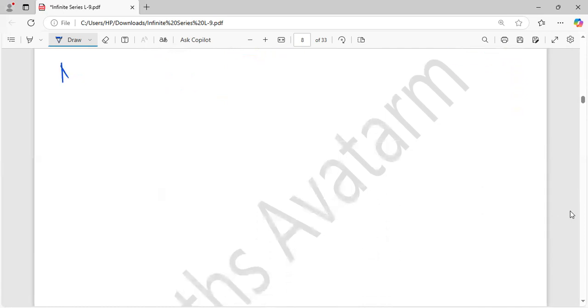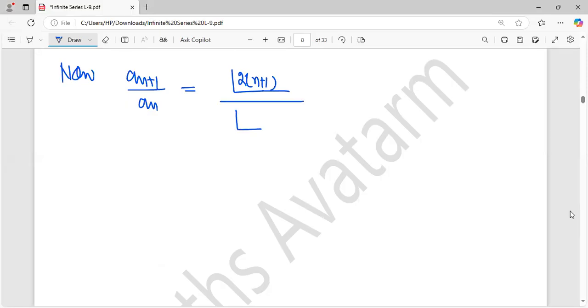Now a_{n+1} upon a_n, what is this? This is factorial 2n plus 2 upon factorial 2n, and this will be factorial n square upon factorial n plus 1 square.